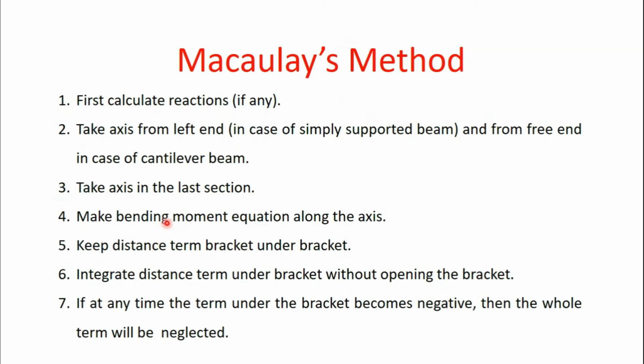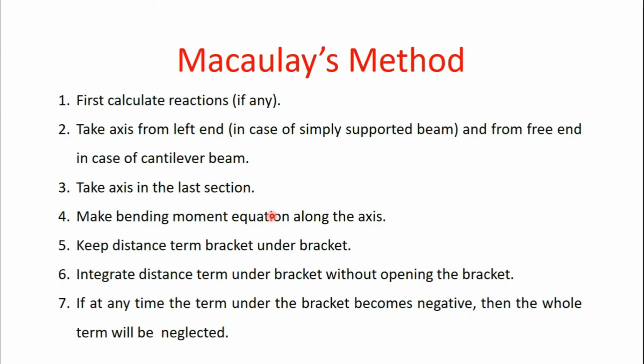So what is Macaulay's method, and the important points from 1 to 7 are related to Macaulay's method. So first of all, you have to calculate the reactions, if any. That means you don't have to calculate reactions in a cantilever beam. Second, take the axis from the left in case of a simply supported beam, and from the free end in case of a cantilever beam.